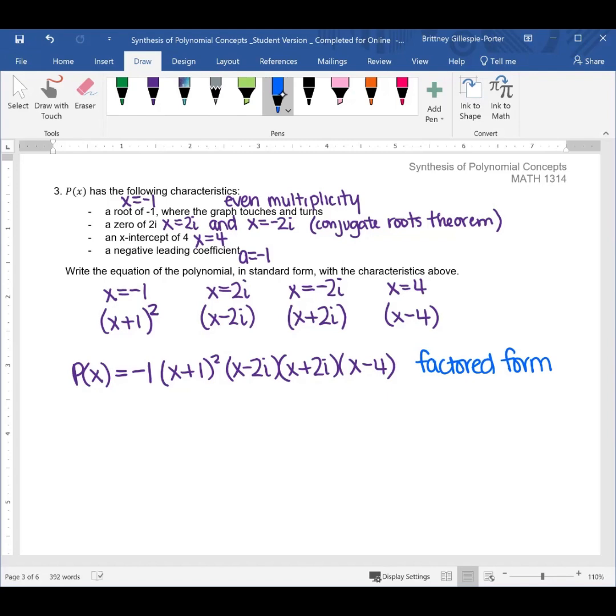So a couple of things you need to pay attention to. When you have x plus 1 squared, that came from x plus 1 times x plus 1. I'm going to carry the rest down.